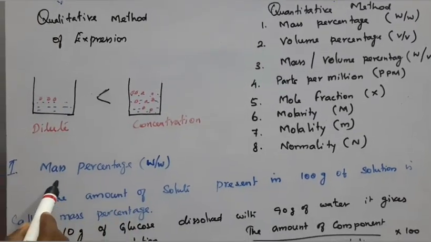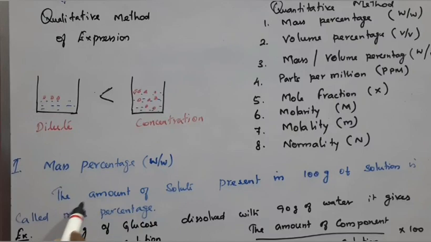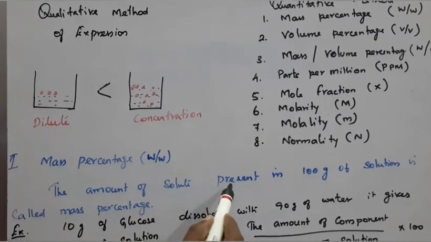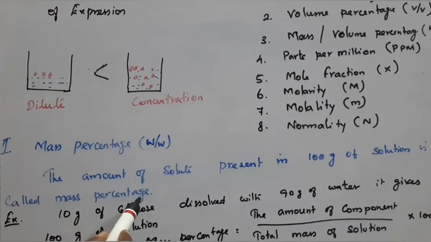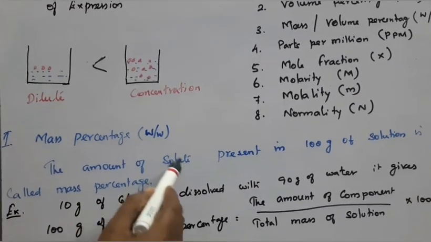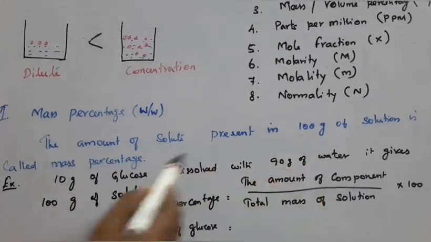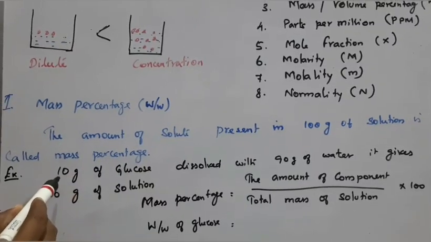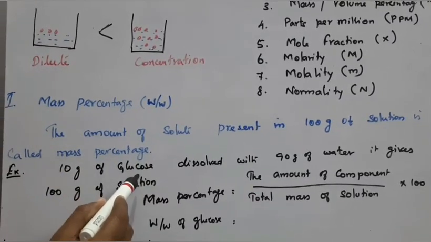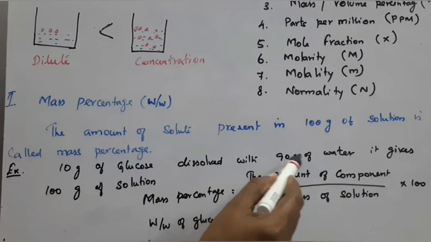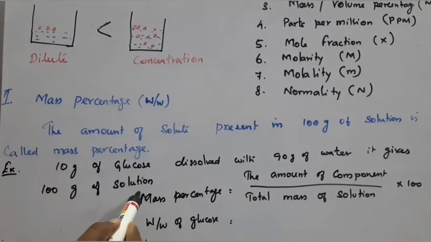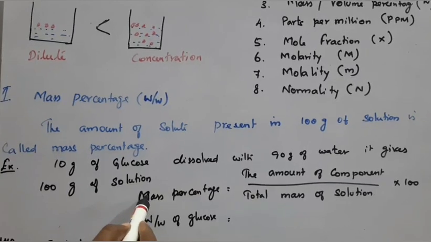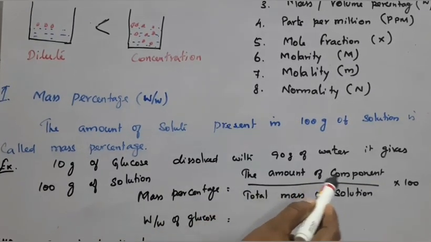What is the meaning of mass percentage? The amount of solute present in 100 grams of solution is called mass percentage. Here let me take 10 gram of glucose dissolved in 90 gram of water, which gives 100 gram of solution.